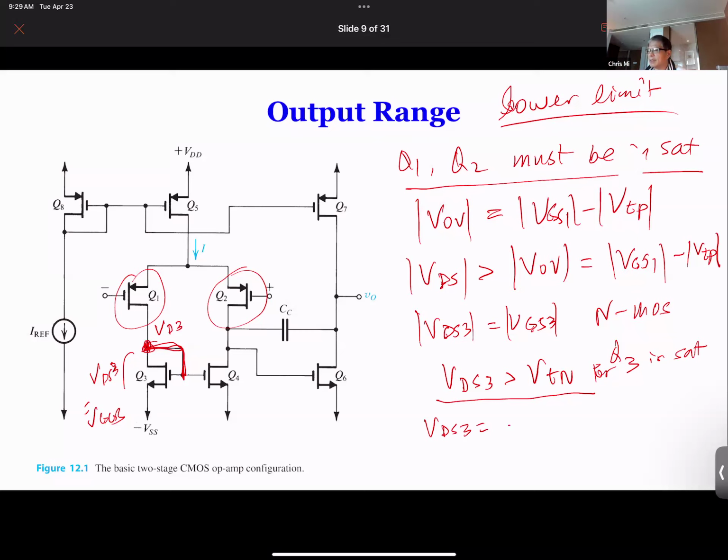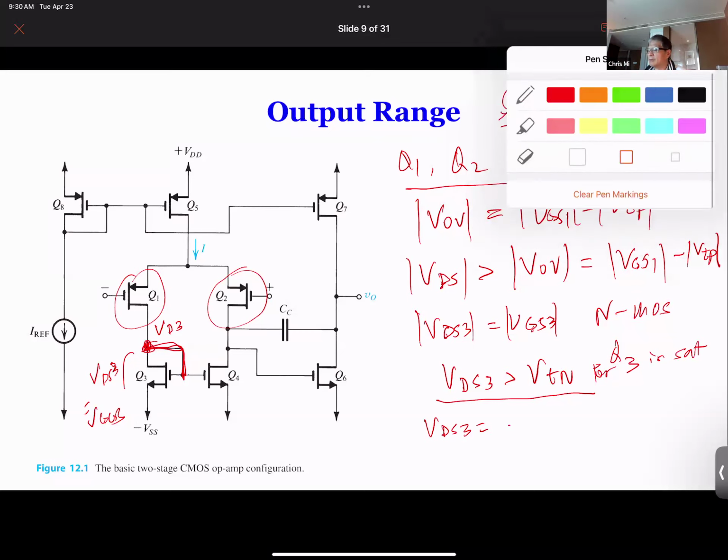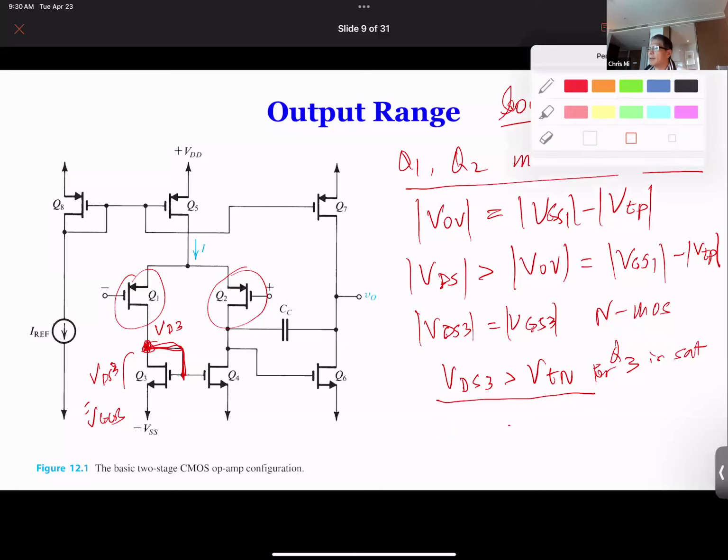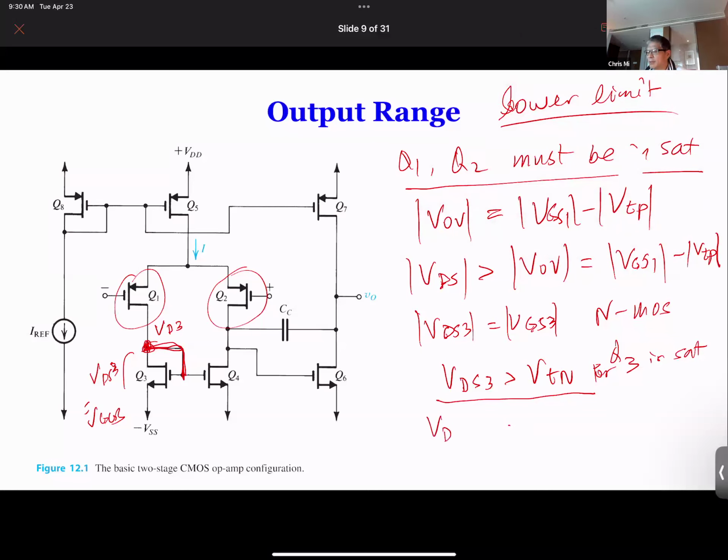In fact, VD3 is equal to minus VSS plus VDS3, and VDS3 has to be larger than VTN, so VD3 has to be larger than minus VSS plus VTN.